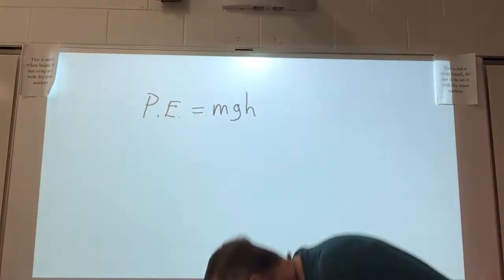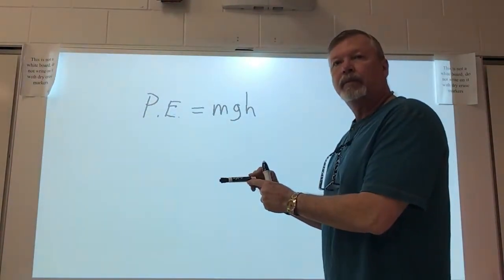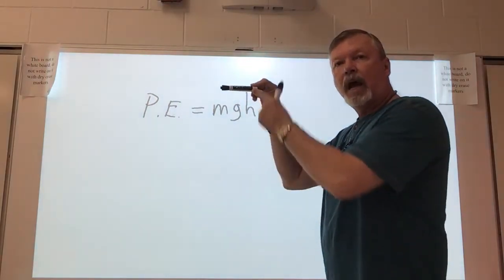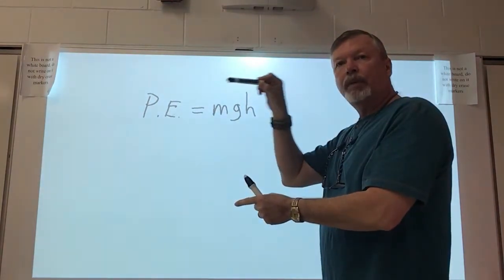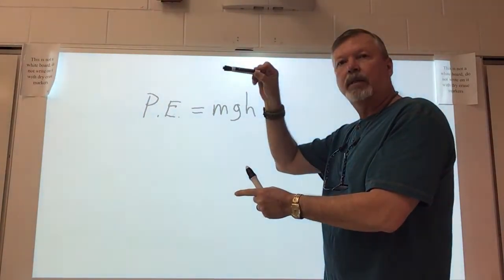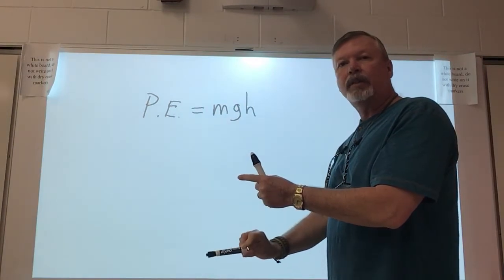Okay? Now, if I have my object here, it's at this height, and I move it up to a higher height, it has more potential energy here than it did here because my height increased. If I have started here, I know what the height is, and I lower it to here.